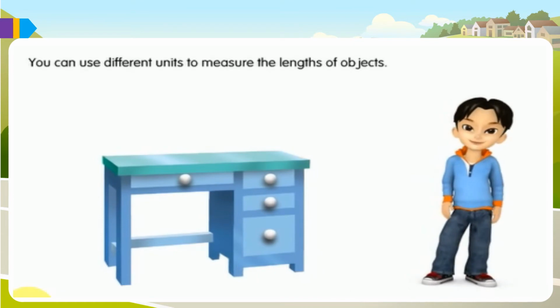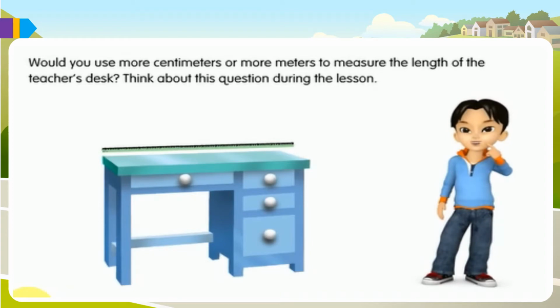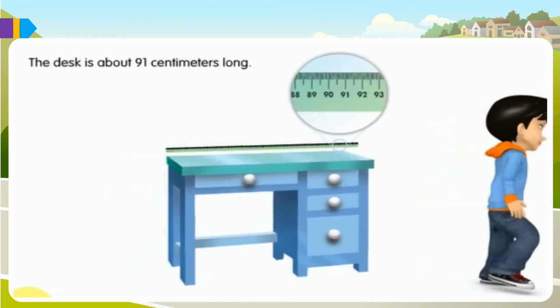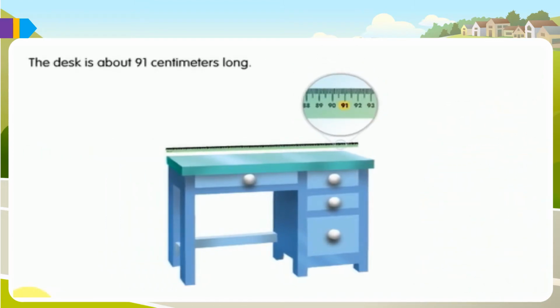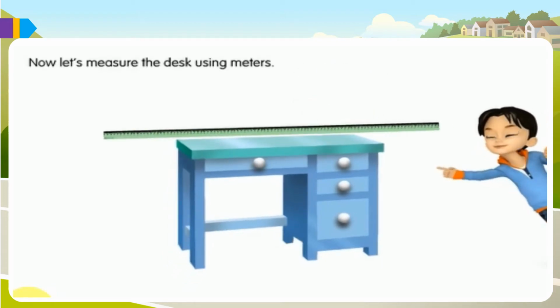You can use different units to measure the lengths of objects. Would you use more centimeters or more meters to measure the length of the teacher's desk? Think about this question during the lesson. Let's measure the desk using centimeters. The desk is about 91 centimeters long. Now let's measure the desk using meters.